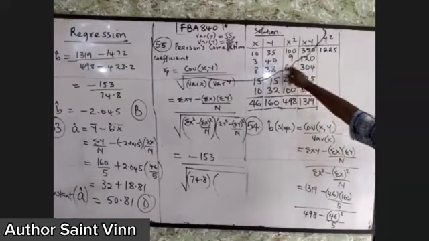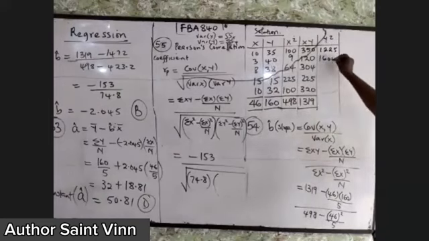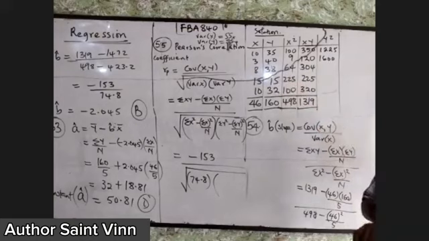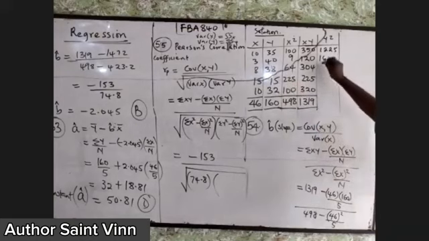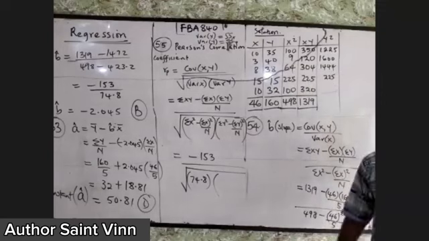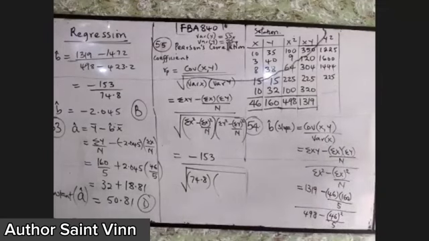Then 40 square, 1600. 38 square, 1444. Then 15 square, 225. 32 square, 1024. Run the total.